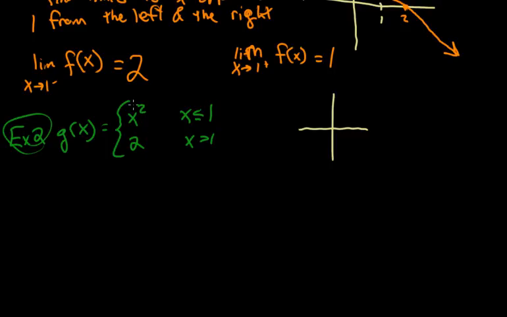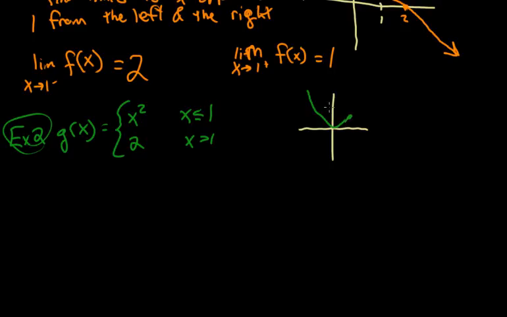Most of us know the x squared graph, which looks like this. So that would be x squared, but we only want to go up to 1. So let's redraw that and say this is 1 right here.